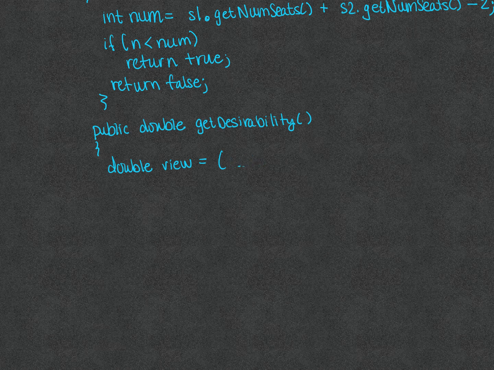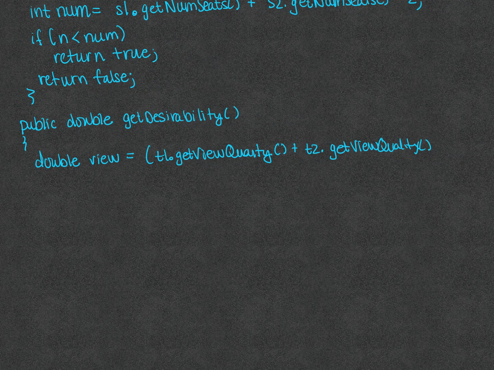And I'm going to do the same thing for table 2. That's a method, so you have to make sure you do your parameters. And of course, you have to take this and divide it by 2.